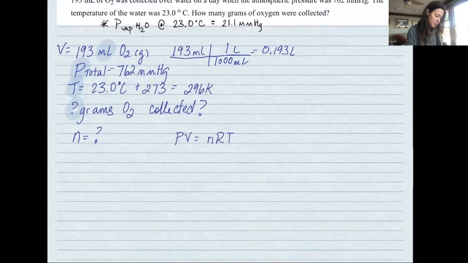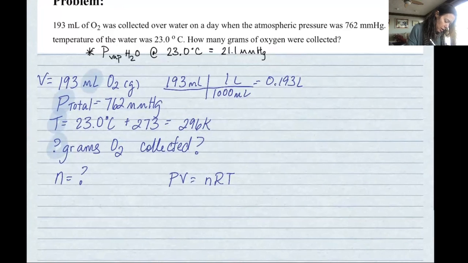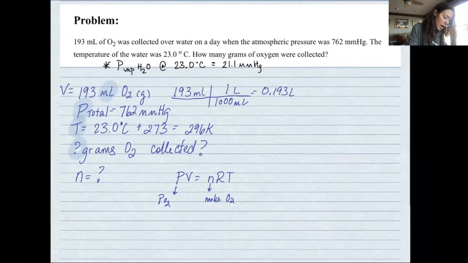Notice that this is the total pressure, and we need the number of moles of oxygen. Therefore, our pressure must be the pressure of oxygen. But what we have is a total pressure. And whenever you see collected over water, that means that you have a partial pressure problem.